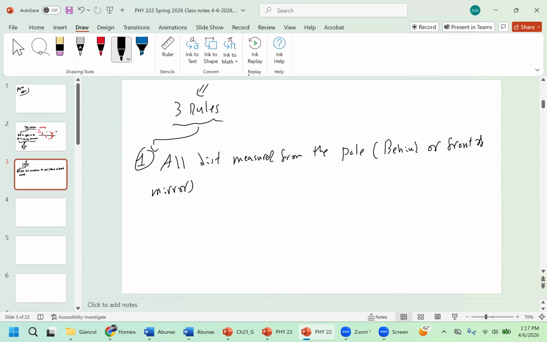So all distance measured from the pole, whether behind or front of the mirror.